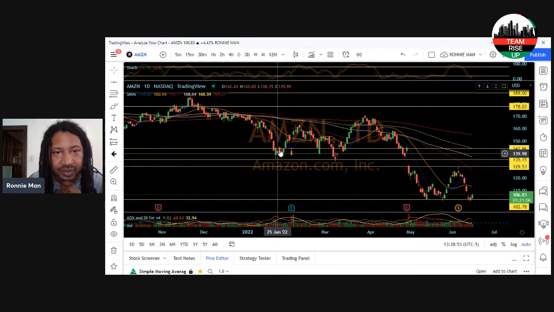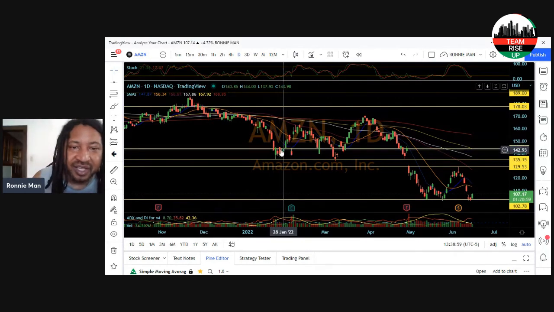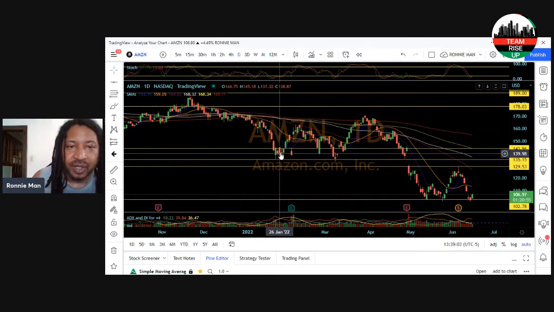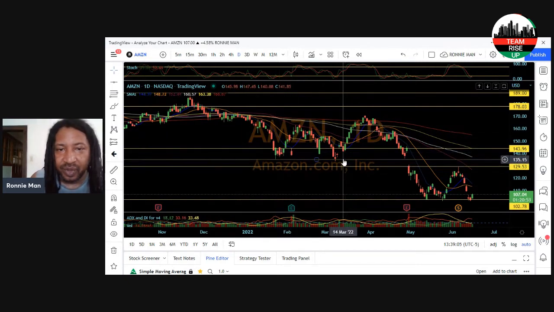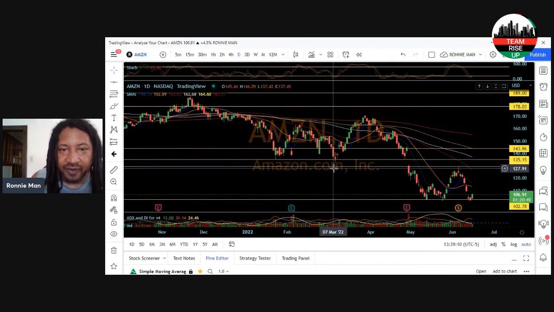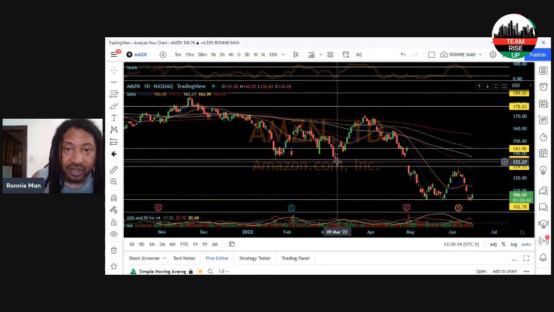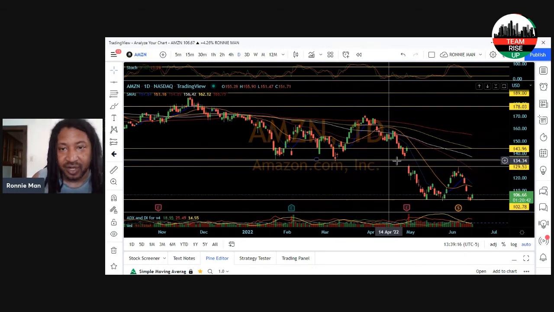And it bounced to a resistance, but it took a couple days and then it took off. So we see that right here when it came down, it fell to 133.57 and then it bounced, right?